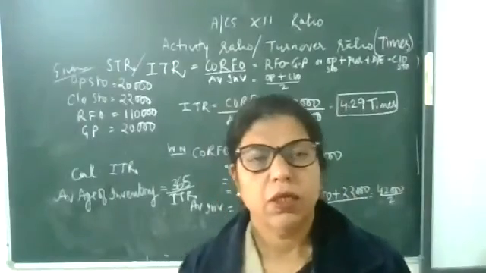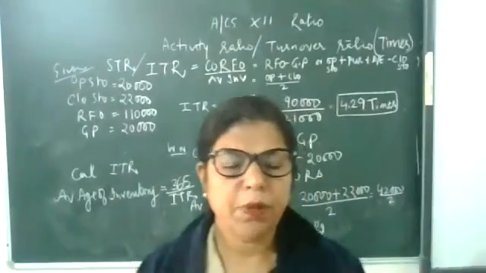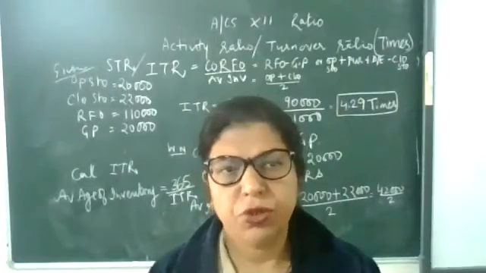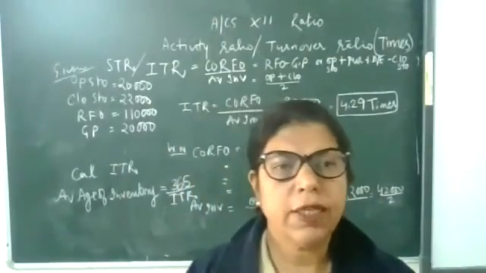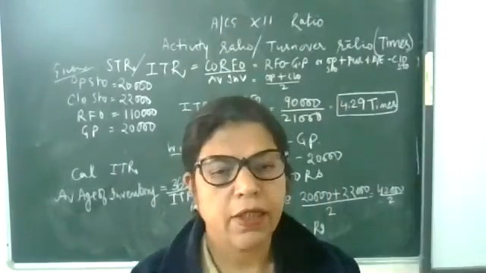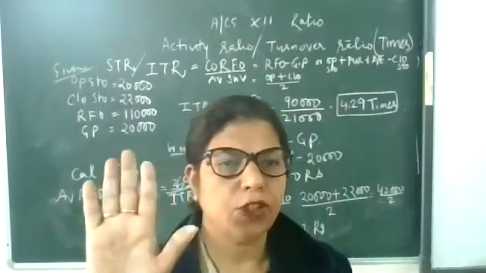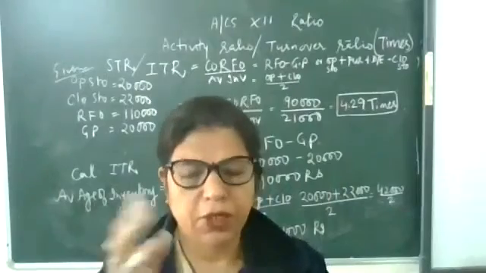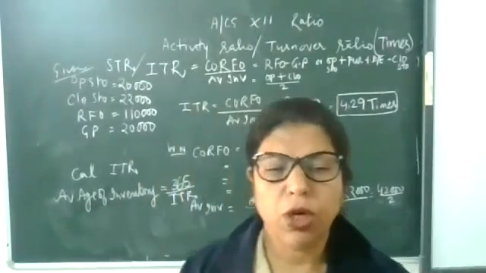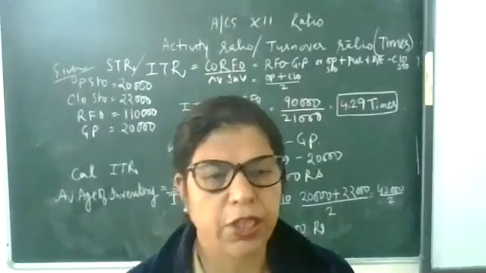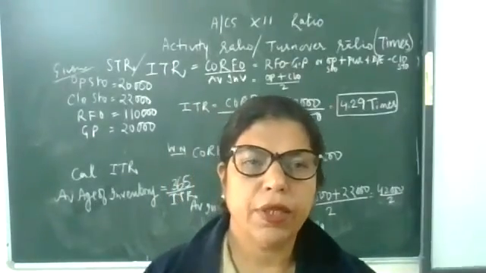Okay. Like this year in the supplementary paper, they have given one question. If you want to note down: what is the average age of inventory in days if ITR is 5? Please note down the question.